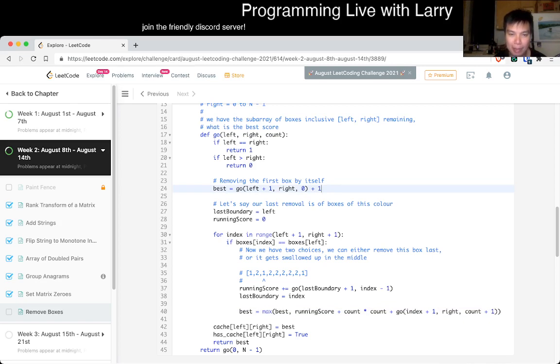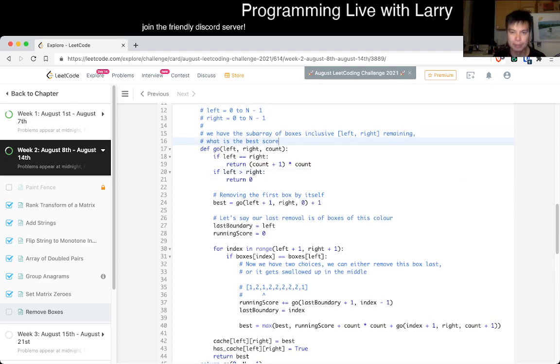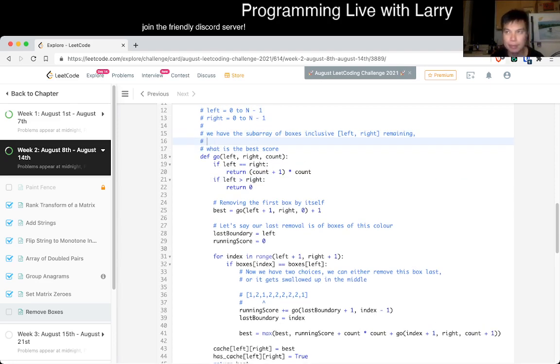Okay, we have one box left, or we have no box left, and this is count times count. Count plus 1 times count. Wait, how do we? Oh, this is the number of current. Count is the number of the current run with the same boxes as boxes left.